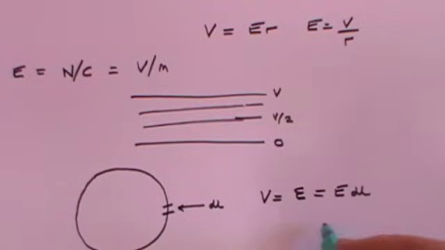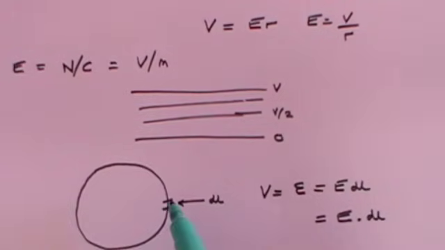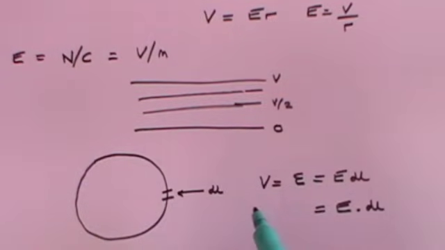And once again, to get it mathematically correct, it's actually E dot dl, because you have to take account of the difference between the E field and the direction in which dl is pointing.